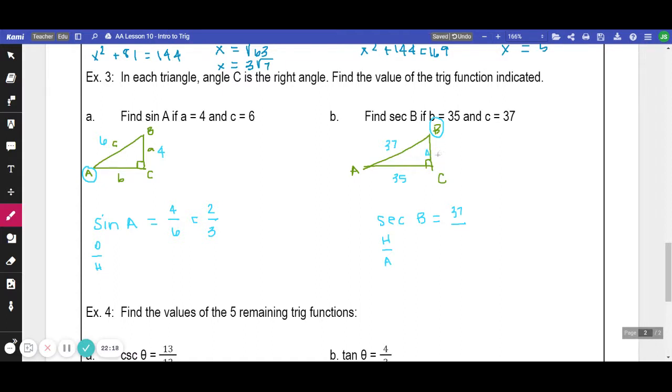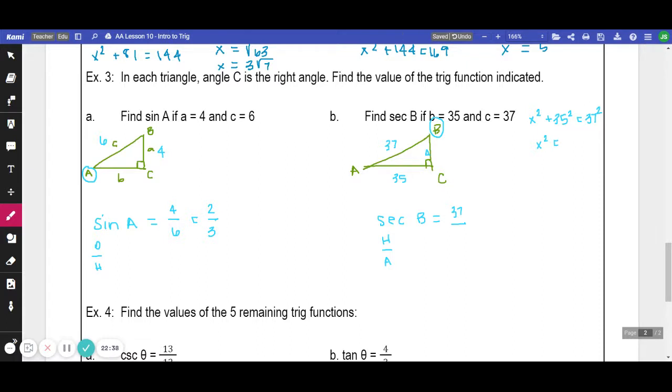That means, unfortunately, we need to do Pythagorean theorem. So x squared plus 35 squared equals hypotenuse squared. I'm going to square these and subtract at one time.